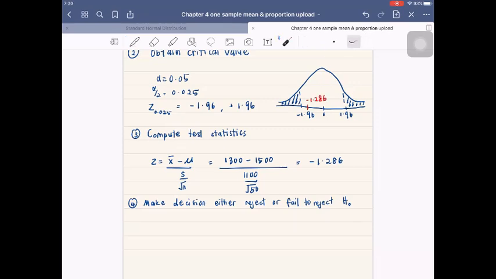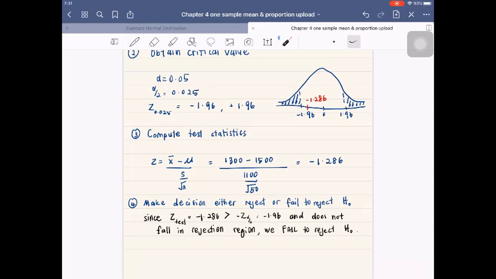As you can see, the Z that we calculate does not fall in the rejection region. Since the Z that we calculate, negative 1.286, is more than negative Z alpha over 2, negative 1.96, and does not fall in the rejection region, we fail to reject our null hypothesis.